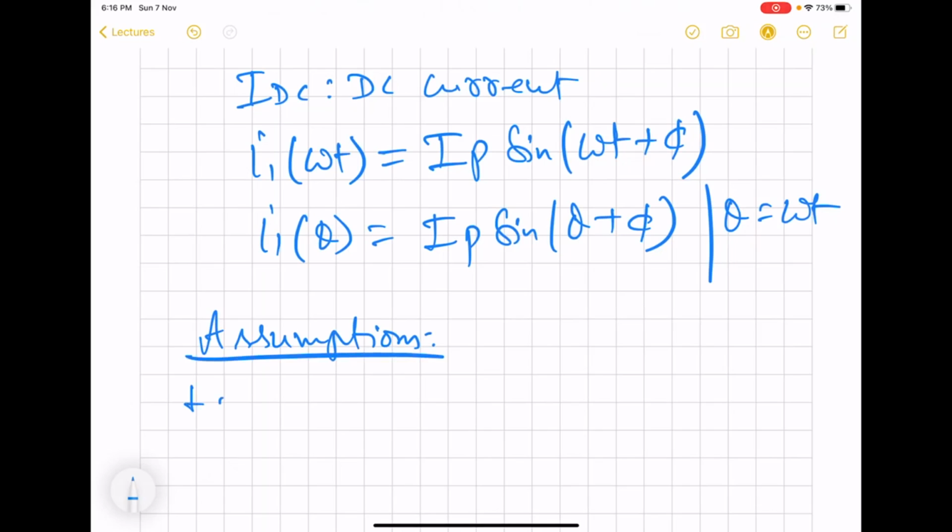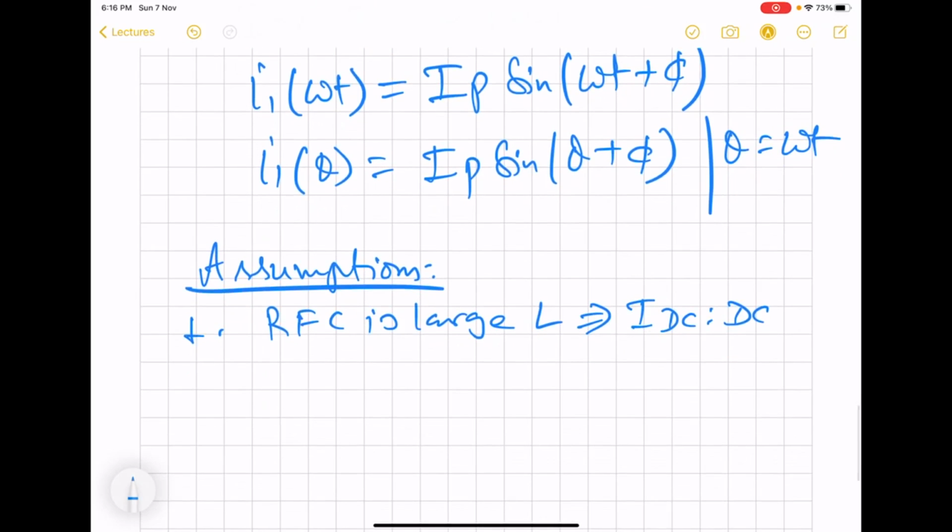Well known is that the RFC is a large inductor, implying constant current through it. That means this is DC current. And the MOS acts as an ideal switch.